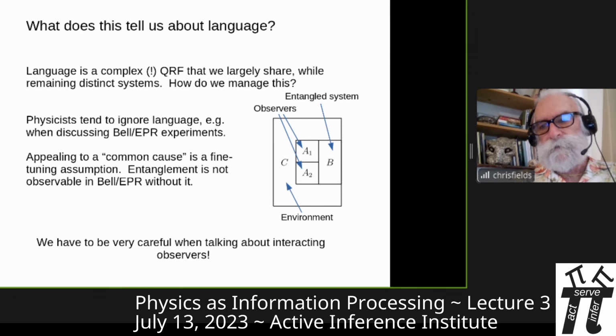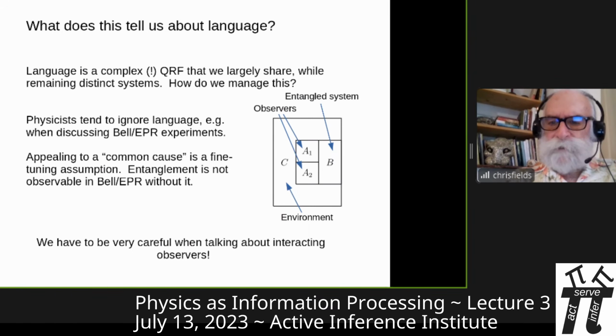The observed result is a bunch of observational statistics that violate Bell's inequality, and those statistics can only be computed given the results that both of the observers obtain. So the observers have to share language to encode these results.